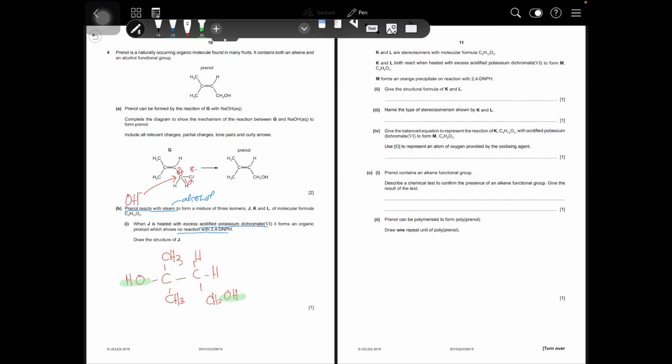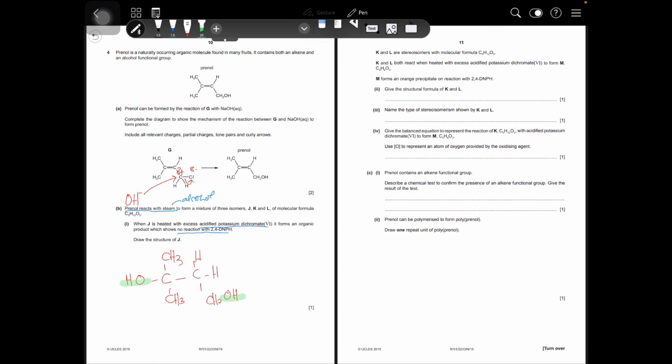From this reaction, we know that K and L are secondary alcohols, because when they react with excess acidified potassium dichromate, they produce a ketone, which is M, and this ketone shows a positive result with 2,4-DNPH.